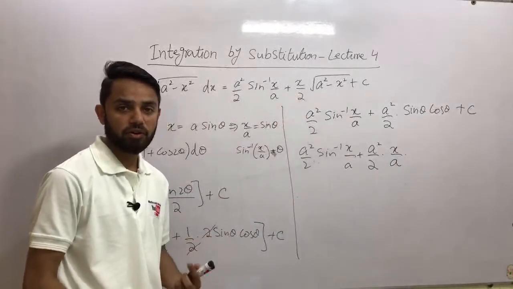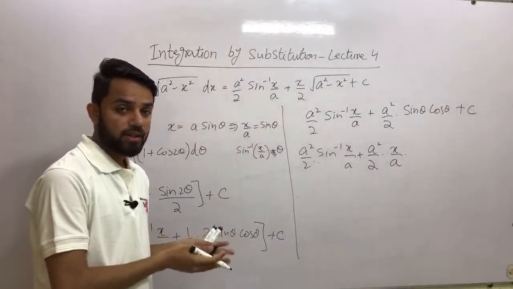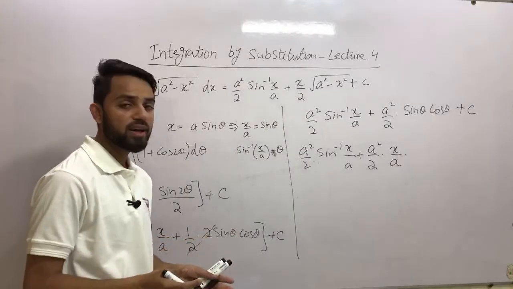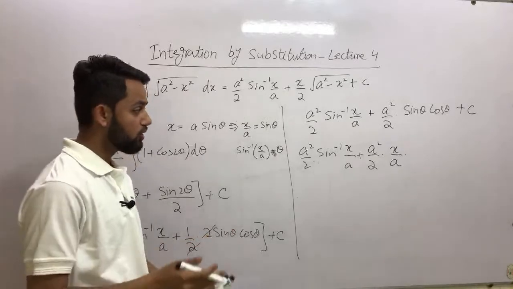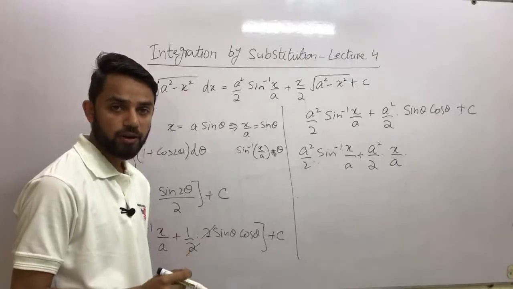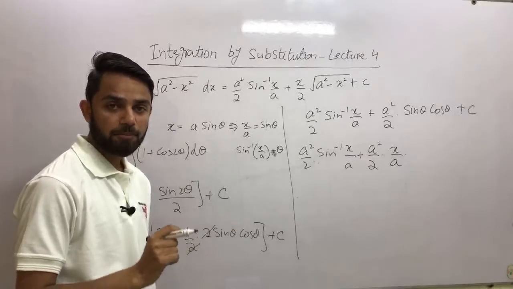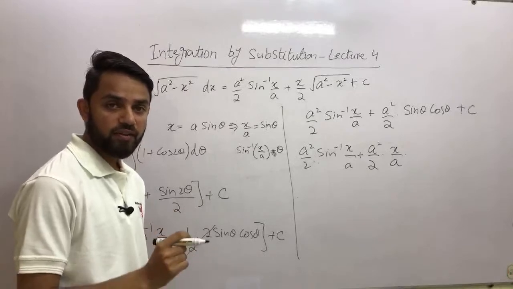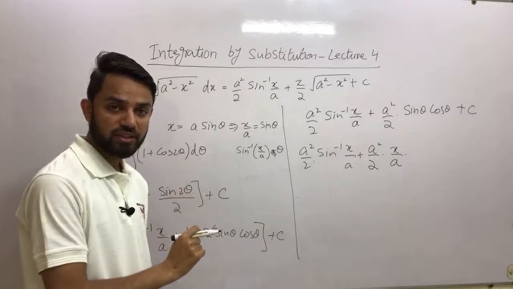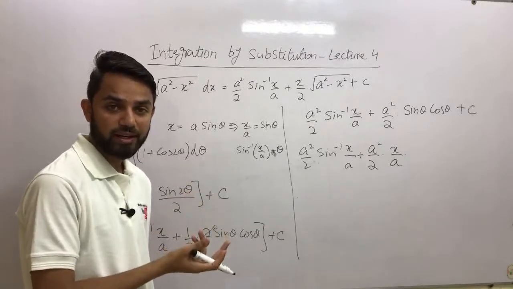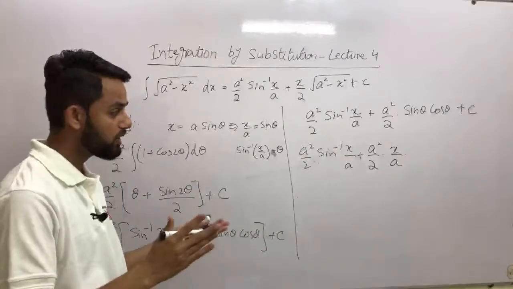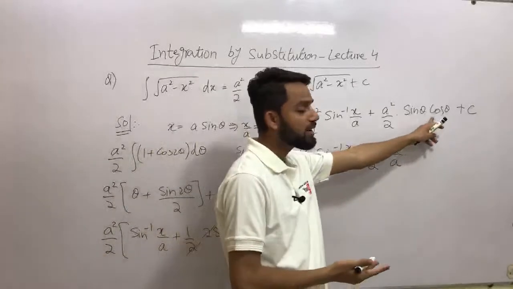Like I found the value in the previous question where we had the secant square theta, and we got the value of tan square theta. So by using the trigonometric identity, again sine square theta plus cos square theta equals 1, where we have the value of sine theta, which is x over a, we will put this value into the identity, and once we evaluate it for cos theta, we will get the result.